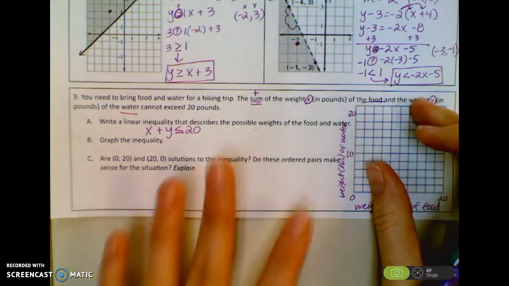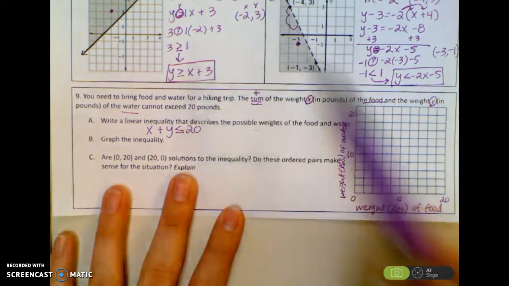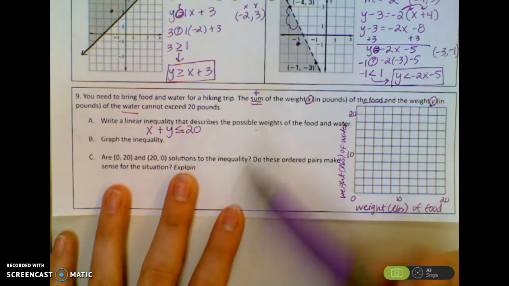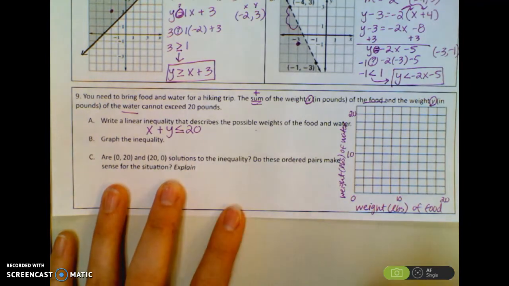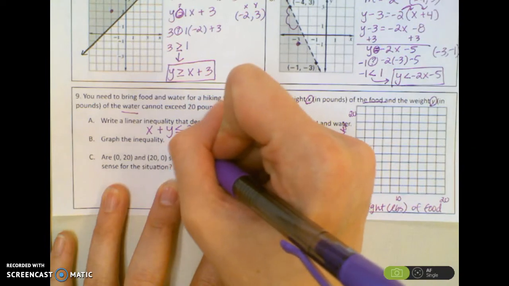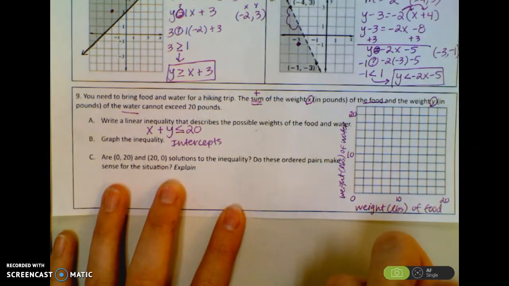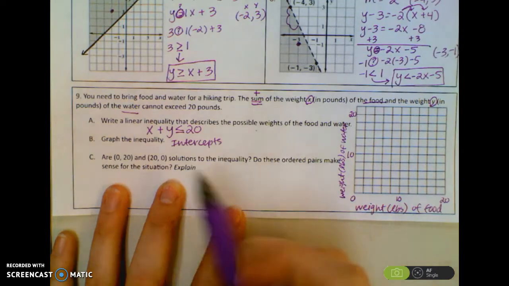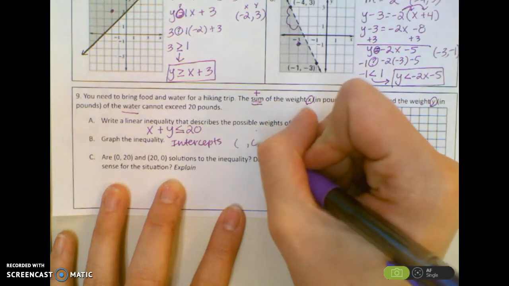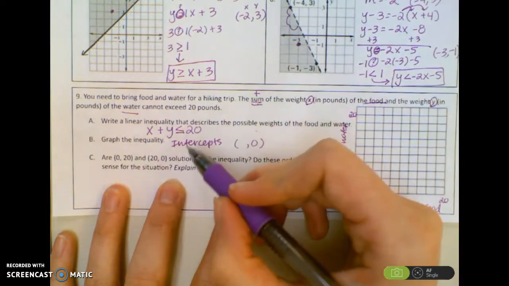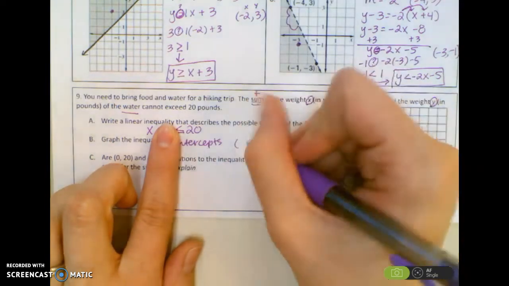And in order to graph this, we can do a few things. We can do the process that we were doing earlier, where we found the equation, then we looked at the line and we plugged in a point. But actually what might be easier here is if we graph by finding the intercepts, because it is already in standard form where we have X and Y. So to find the intercepts, the X-intercept is when I plug in 0 for Y. So if I plug in 0 for Y and get rid of that, I have X is 20.